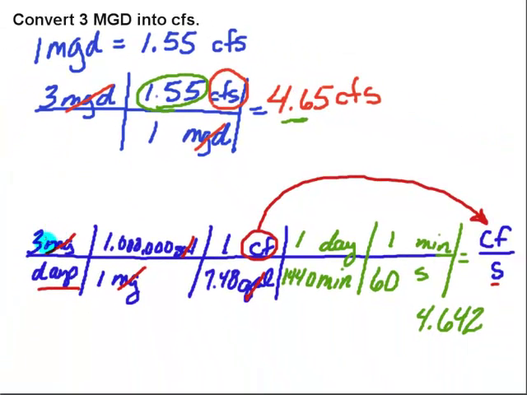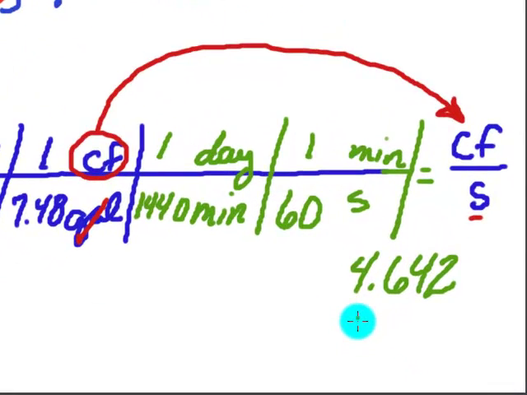So you'll see if I put in a 1 here instead of a 3, so if I just converted 1 million gallons, what I would get is 1 million divided by 7.48 divided by 1440 divided by 60 equals 1.547, which is not really the same as 1.55.